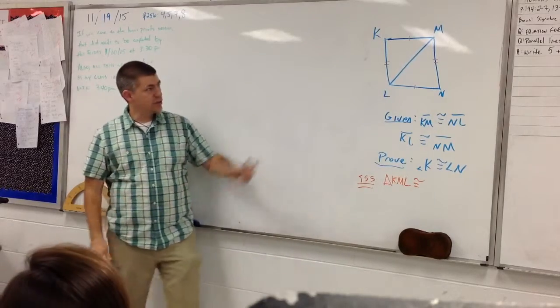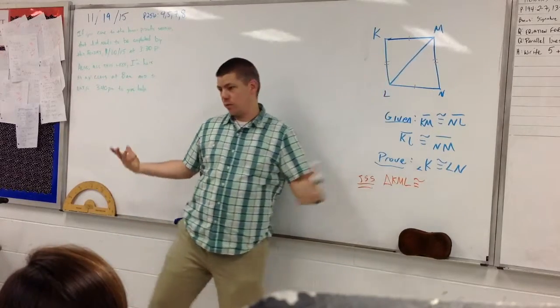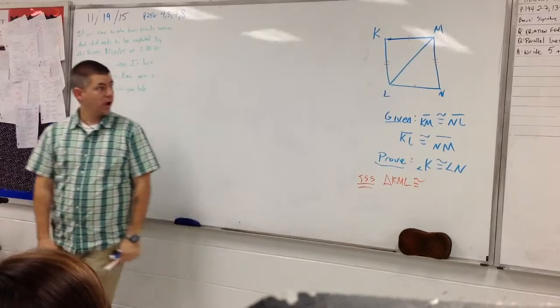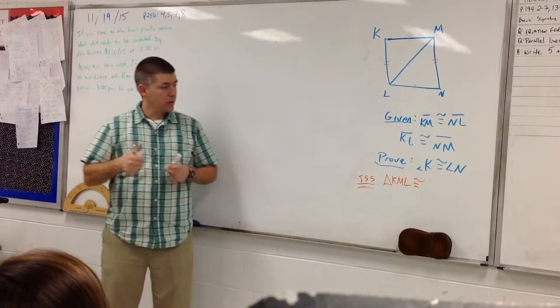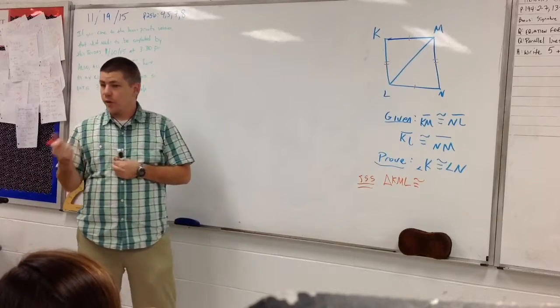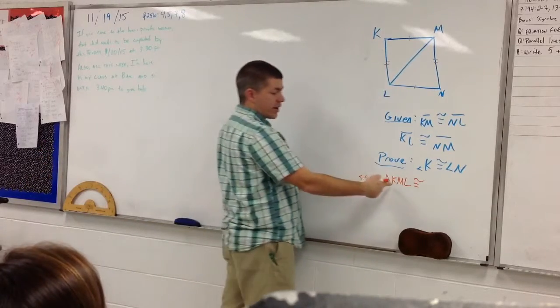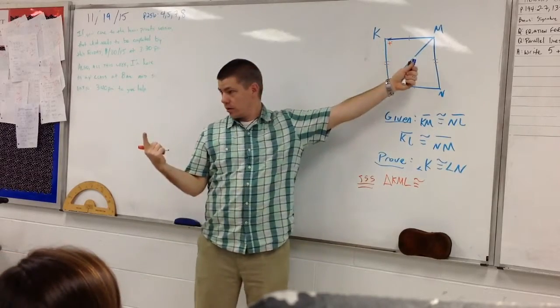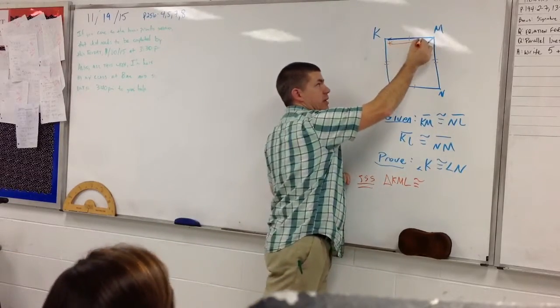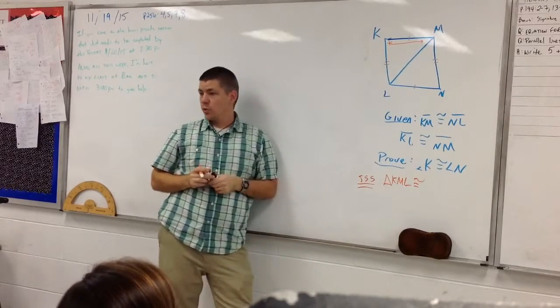So let's pretend that I get triangle KML congruent to something. Am I going to do KML to what? L and N? No, N. Here's how it goes: N, L, M. I started at K, at the end of one tick mark, and I went to the end of that same tick mark. So what are my options now?